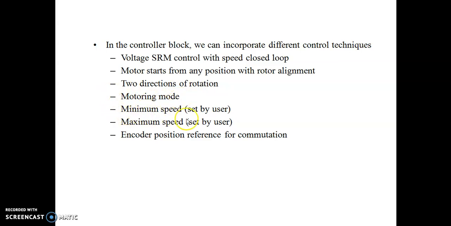The fifth one is minimum speed, which is set by the user, and the maximum speed, this can also be set by the user. And finally, the encoder position reference for commutation. So by incorporating these different techniques, we can send the signals from the controller block, and based on this we can maintain the closed loop control of SRM.